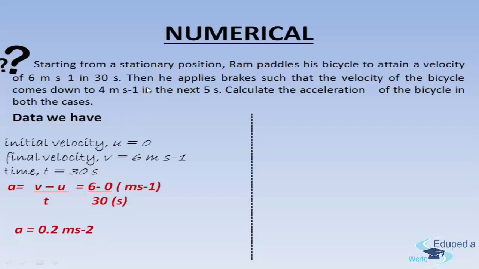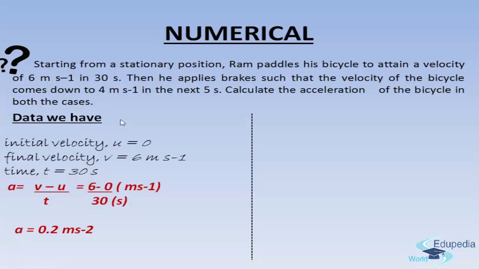Let us see in the second case what our final and initial velocities are. Because the bike is already in motion, the initial velocity becomes 6 meters per second, since 6 meters per second was the final velocity for the first case. Then the velocity of the bicycle comes down to 4 meters per second. That means it is decelerating.